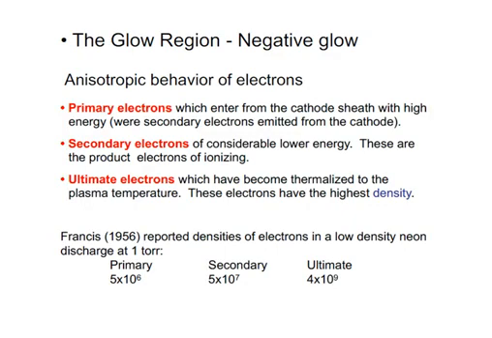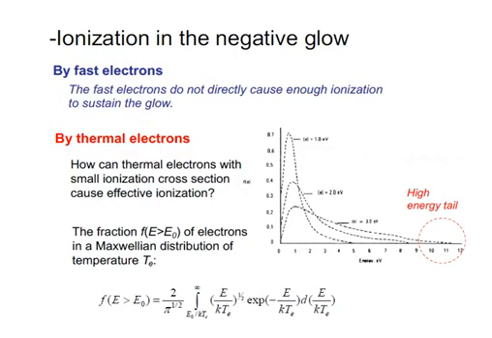Okay, so you find out that ultimate electrons or thermalized electrons are the most important part, because these electrons have very high density, and there are high energy tails of these thermalized electrons. So the electrons with very high energy in the high energy tails contribute to most of the ionization process in the DC glow discharge.